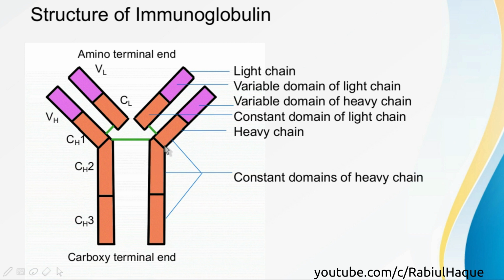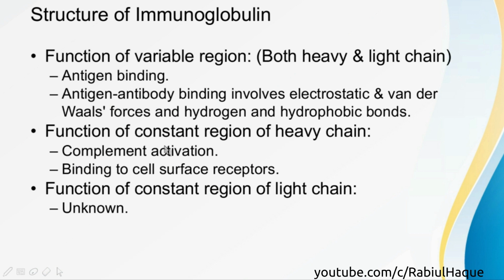Now let's talk about the function of variable region. In both heavy and light chain, the function of variable region is antigen binding. Antigen-antibody binding involves electrostatic and van der Waals forces and hydrogen and hydrophobic bonds.